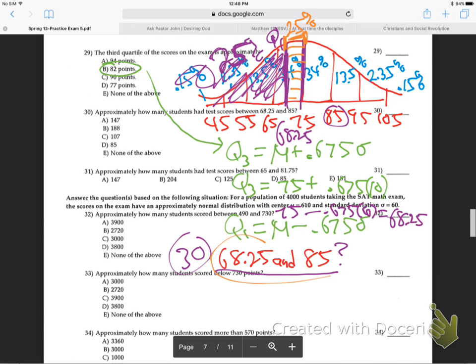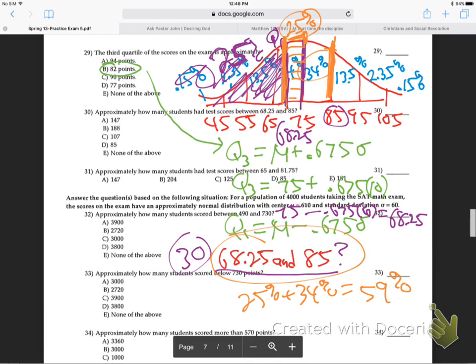They want how much between 68.25 and 85. Where's 85? Here. So how much from here to here? 25% in this section, 34% in that section. 25% plus 34% is 59%. We're almost done, one more step.